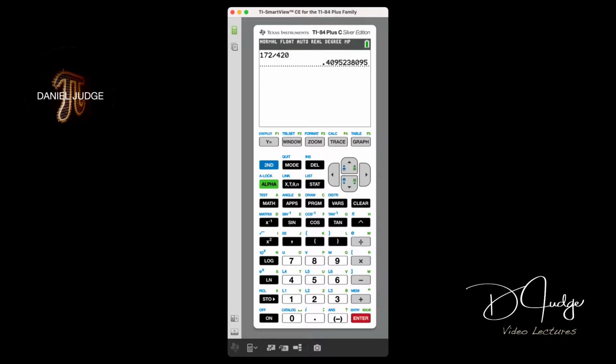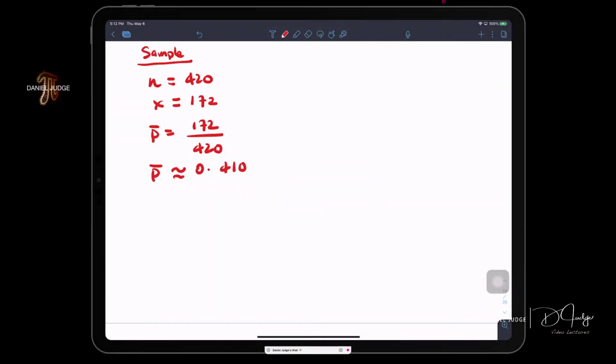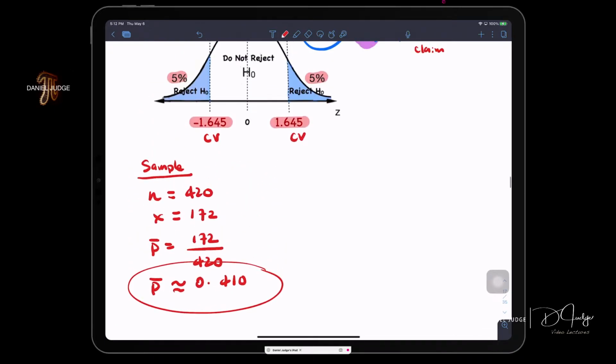We approximate to the nearest thousandths, so this is 0.410, which is going to be 41%. So here's my sample proportion. That's why we take a sample: we get that sample proportion.